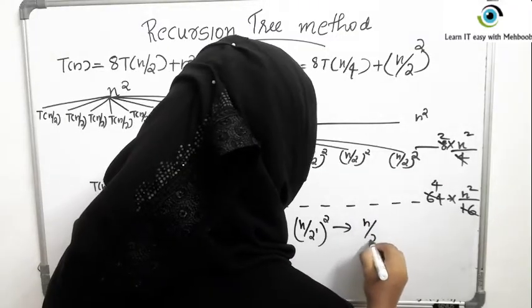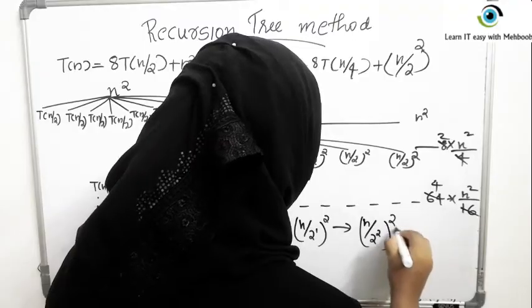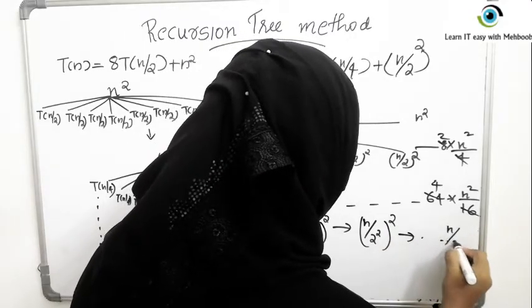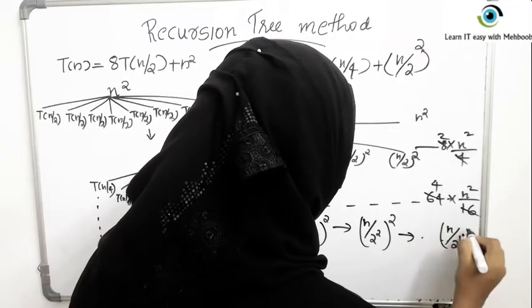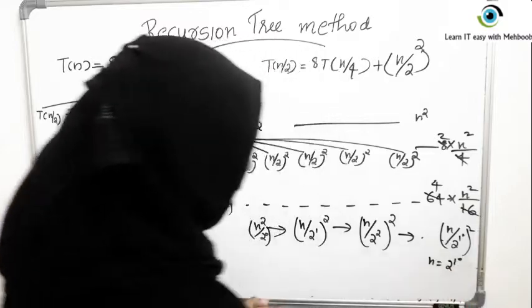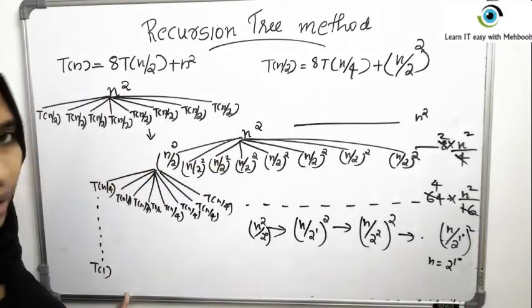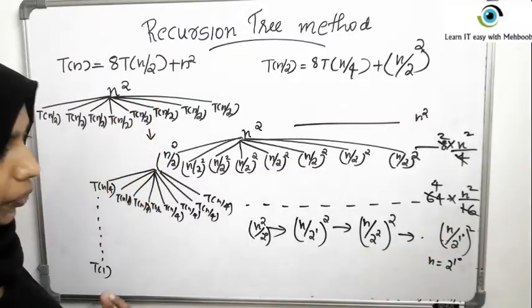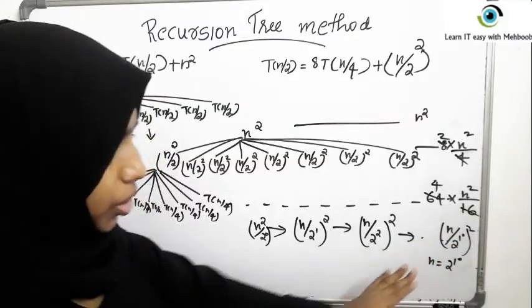That is n by 2 raised to 2 the whole square, and it goes on like this. At some point it will reach n by 2 raised to i the whole square, and n should be equal to 2 raised to i, so that you will converge to t of 1, isn't it? When 2 raised to i becomes equal to n, you will get t of 1. So this is how this changes.